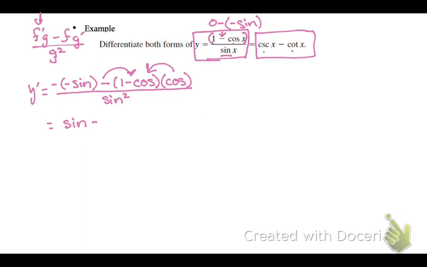Okay, so that would be negative cosine plus cosine squared, all over sine squared. Where'd the 1 go? Well, you're distributing, you basically have negative cosine times 1 minus cosine. Because you have a negative 1 and a cosine, that would give you negative cosine plus cosine squared.